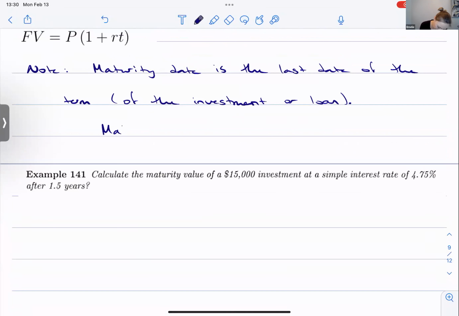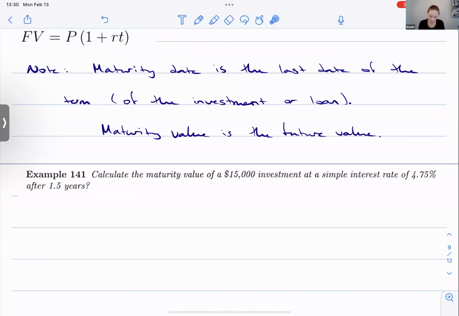Maturity value is the future value. I only noticed that because it says calculate the maturity value.